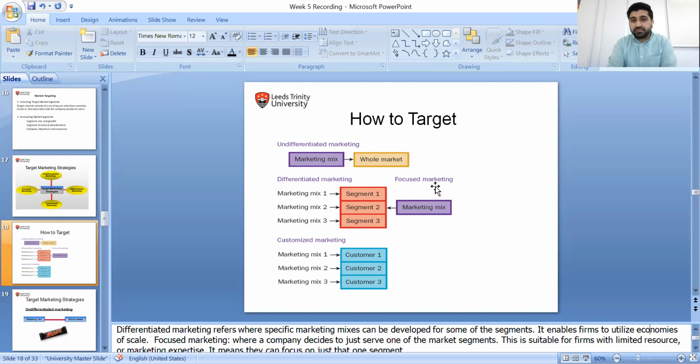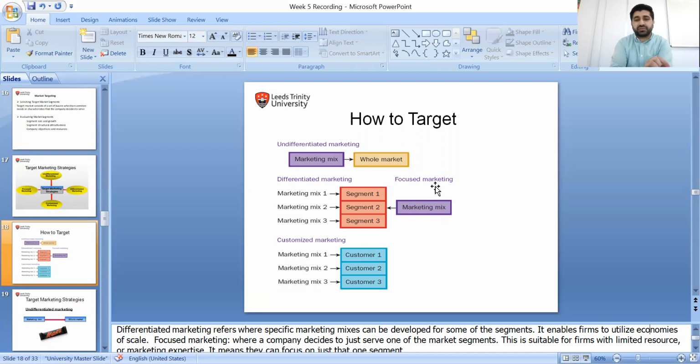Then focused marketing means companies decide to serve just a specific segment of the market, based on their marketing mix and their specialties.